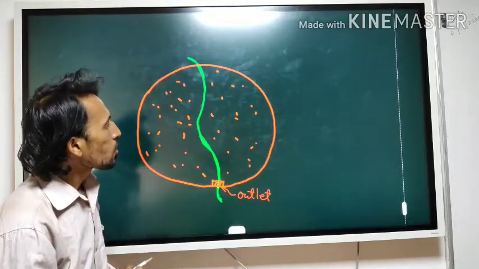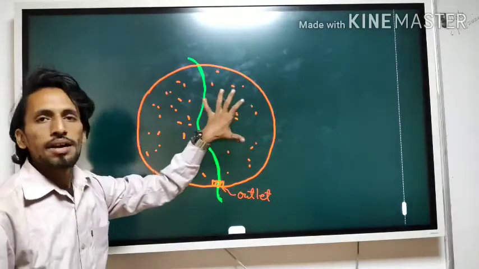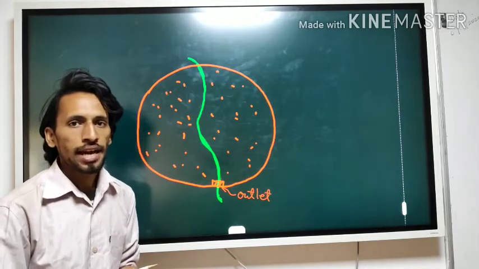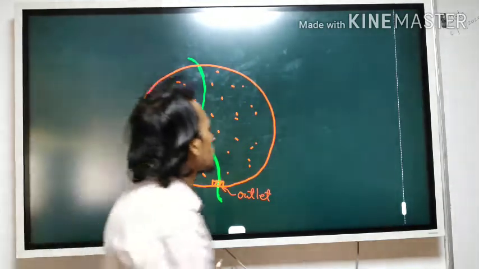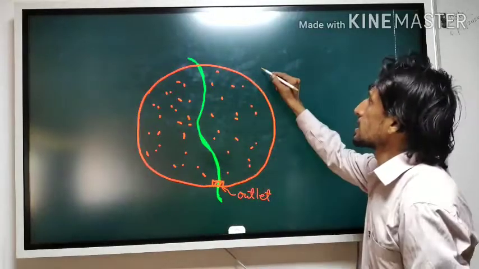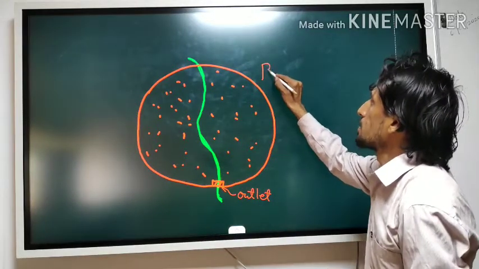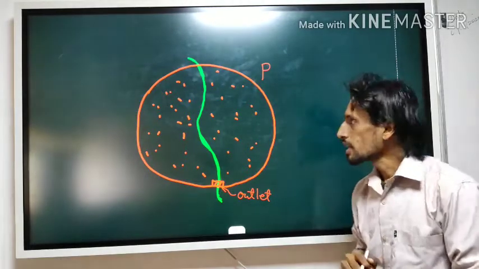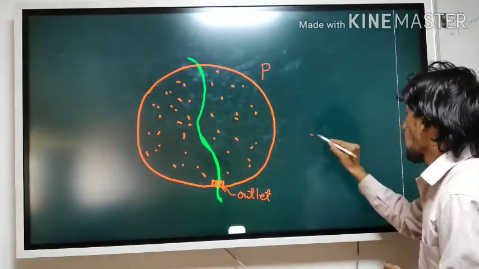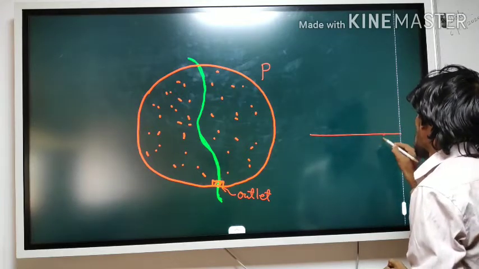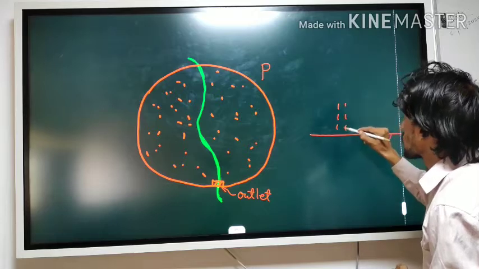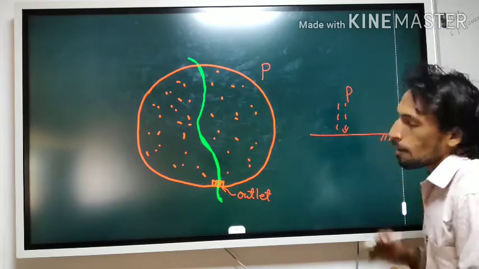Whenever there is some precipitation over some catchment area, what will happen? Let us say that precipitation is quantified by P. Then what will happen over the ground surface? Some amount of water is coming in the form of precipitation.